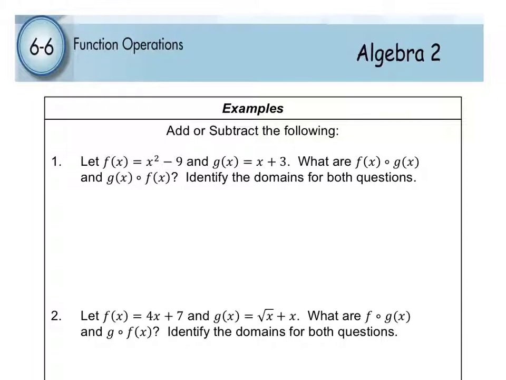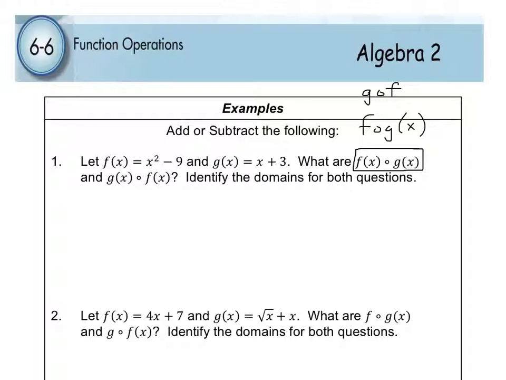A couple things I want you to see in terms of notation. A lot of times you'll see that it'll look like this, which is composition, not multiplication, or they'll make it look like f circle g, or g circle f.